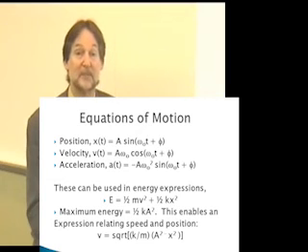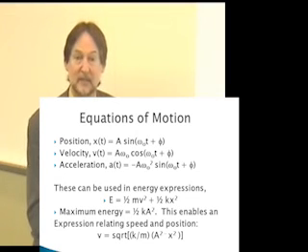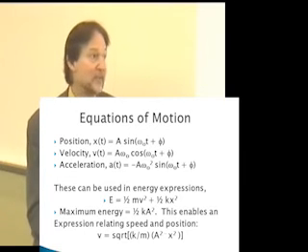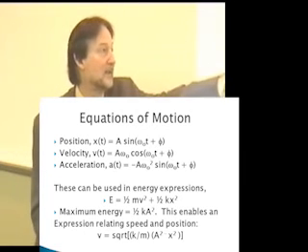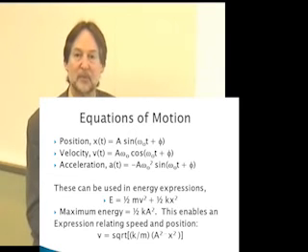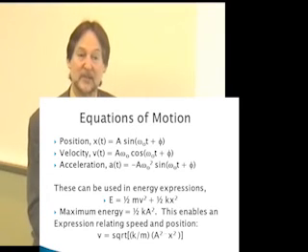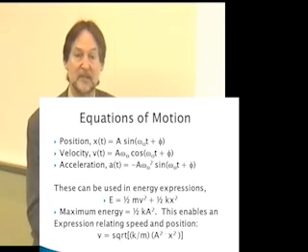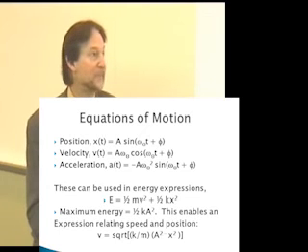So that would mean phi would have to be pi over 2, or 90 degrees, because the sine of 90 degrees, or pi over 2 radians, is equal to 1. So we incorporate the phase constant in order to allow us to use the sine function to describe the motion, whether we start at x equals 0 or whether we start at x equals plus or minus A. For the most part, we won't have to be concerned about that. We'll just use phi equals 0 as our starting point.